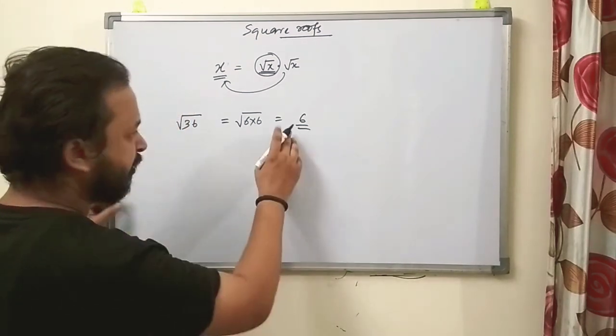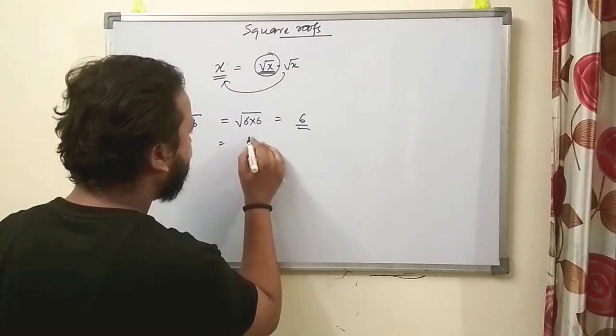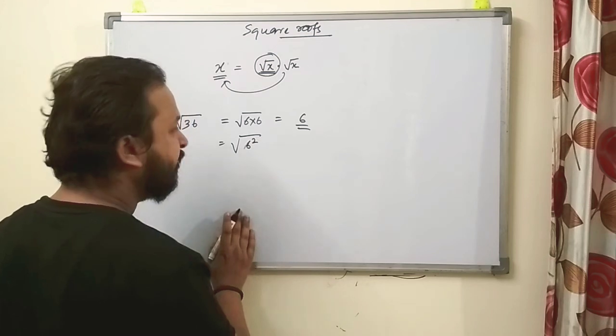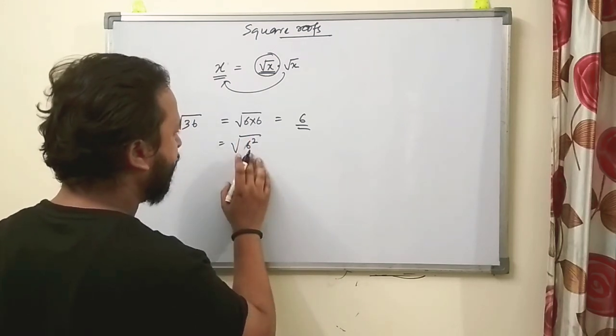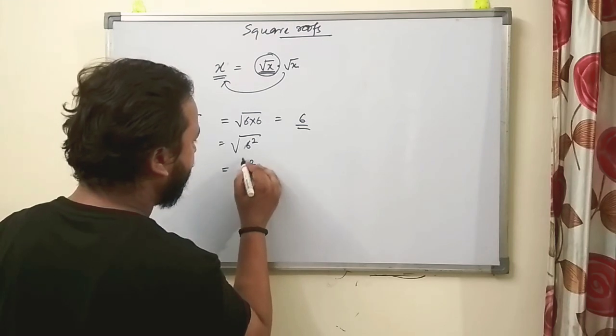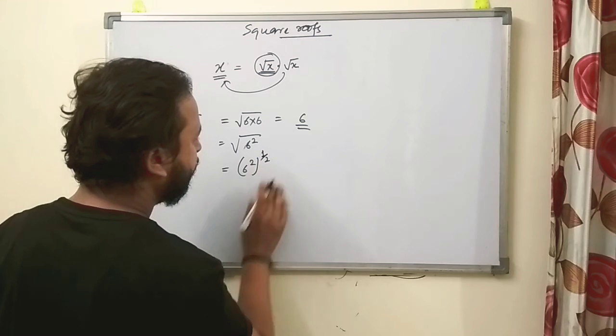So how do we get 6? You can write it as 6 square, that is 6 into 6. And the root part means power 1 by 2.